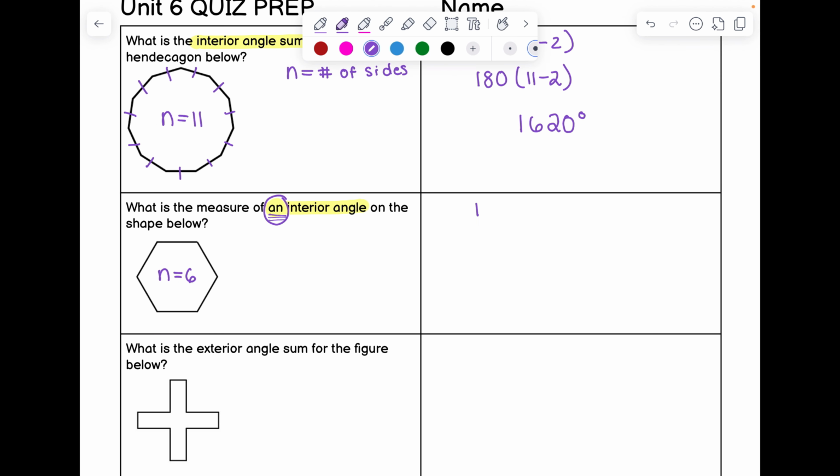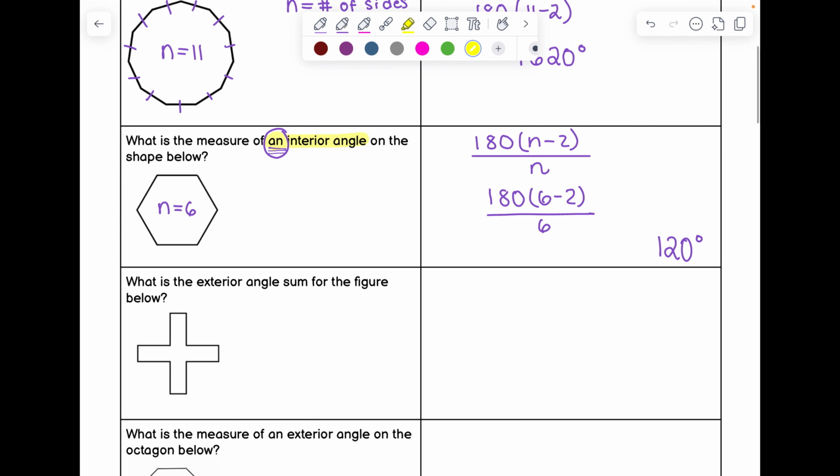So we're going to find the sum, 180(n minus 2), and then divide by the number of angles. So 180(6 minus 2) divided by 6. I'm going to put that all in my calculator. First thing I'm going to do is press divide. And I get 120 degrees.